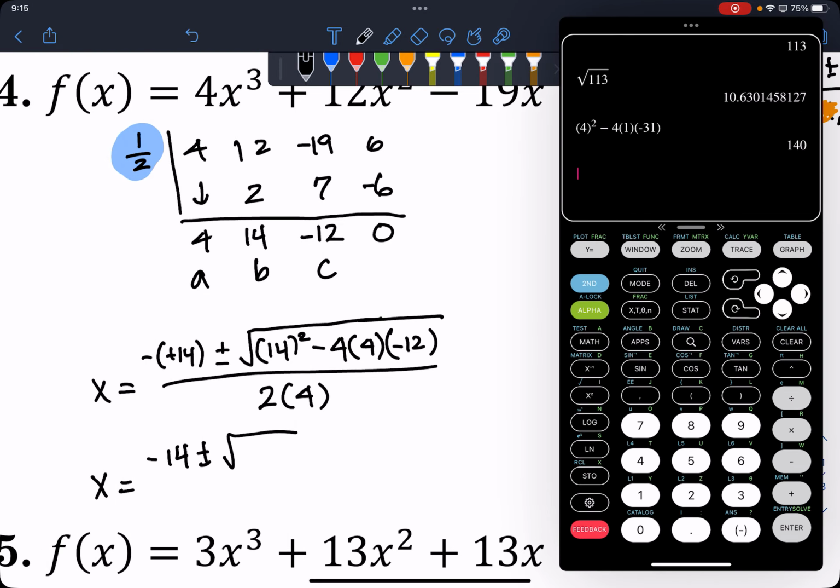Now let's simplify again this. So 14 squared minus 4 times 4 times negative 12, that's equal to 388. Divided by 8. And yep, we can use 4 again.